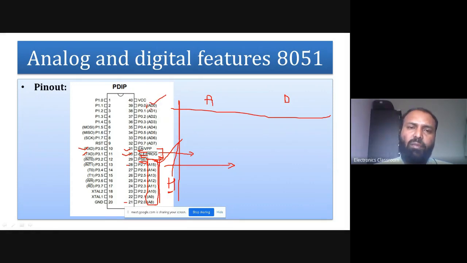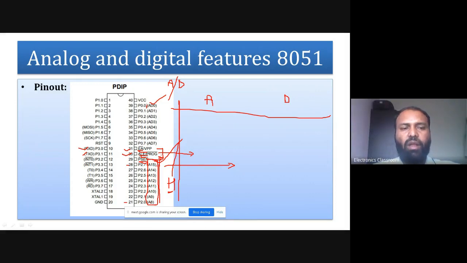But it is a multiplexed address, so it is denoted as A for address, and sometimes it can also be used for data. So while your microcontroller is carrying address, these pins are used as A0, A1, A2, A3, A4, A5, A6, A7, then A8, A9, A10, A11, A12, A13, A14, A15, which means our total 16-bit address bus.